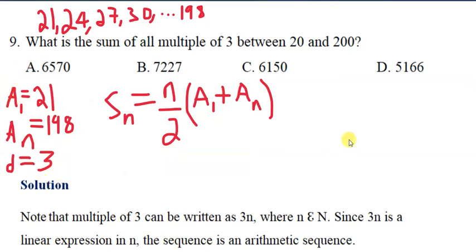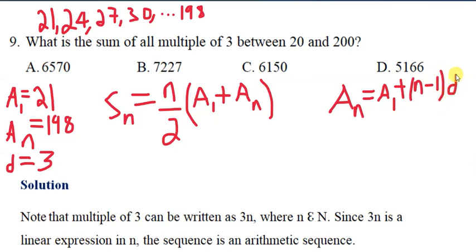three variables. We know that the nth term of an arithmetic sequence is given by an is equal to, remember this formula always, a1 plus n minus 1 times the common difference d.